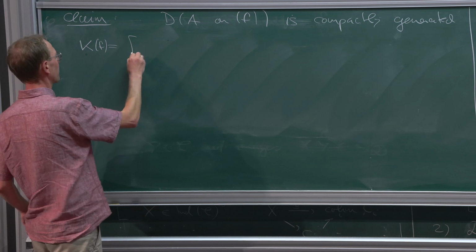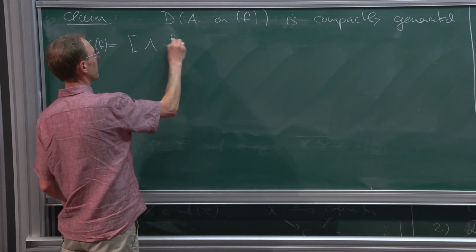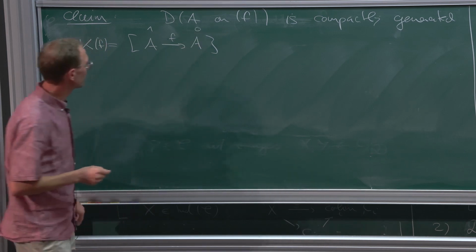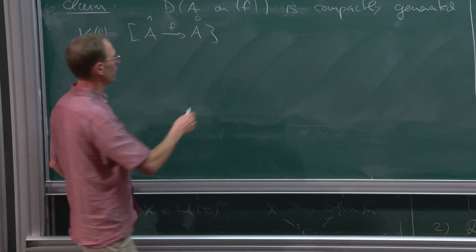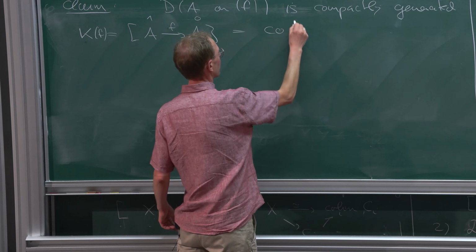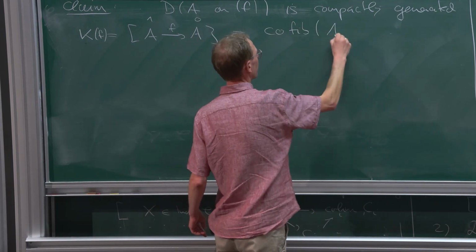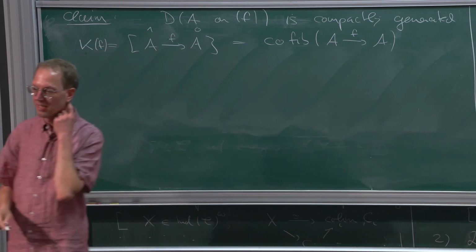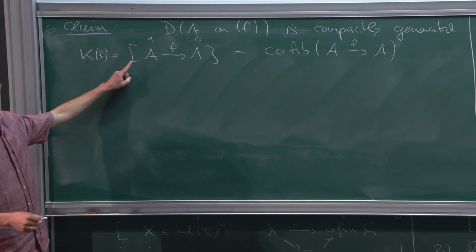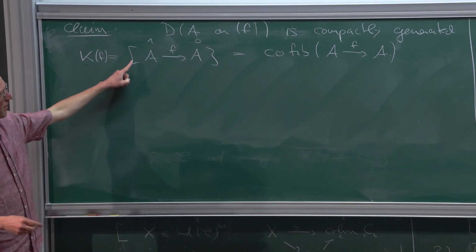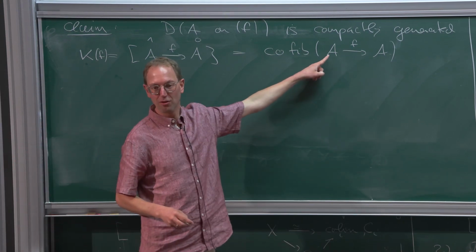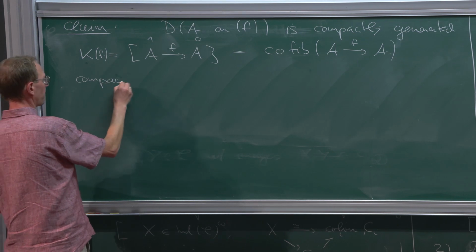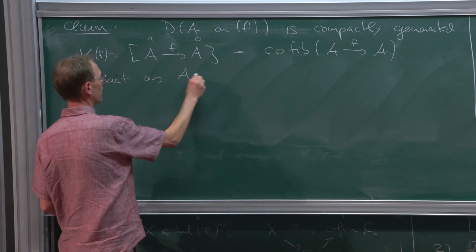That's represented by the complex which is just F multiplication on A, where you put this in degree 1 and this in degree 0. So this is also just the cofiber of the map F multiplication on A. And this is clearly a perfect, compact object, as A is compact itself.